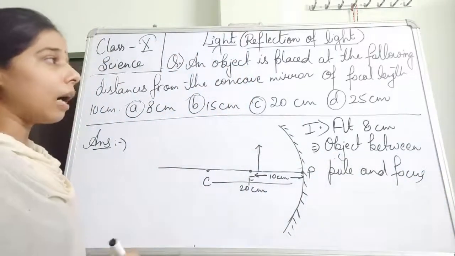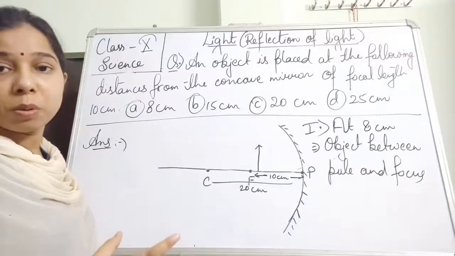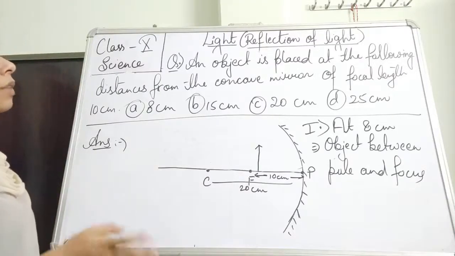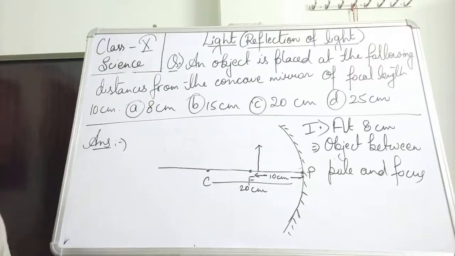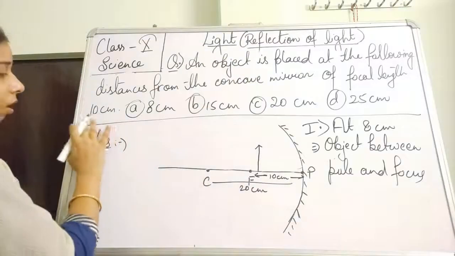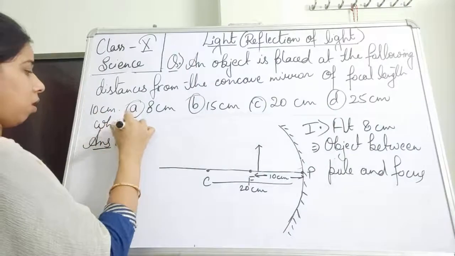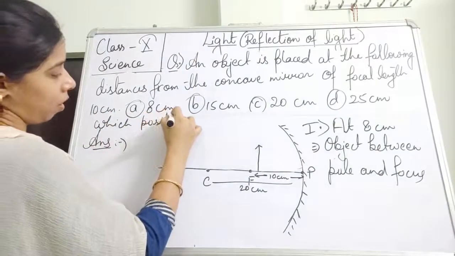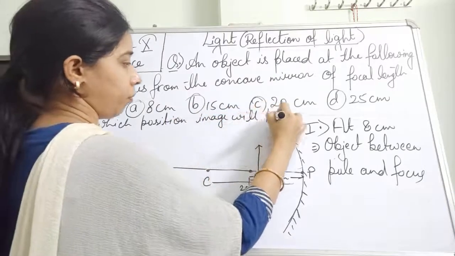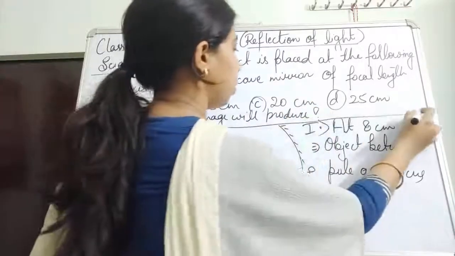Here it is not asked exactly where the image will be formed, or the exact length, but what kind of image will be formed, students. The question will be: at which position will the image be produced?